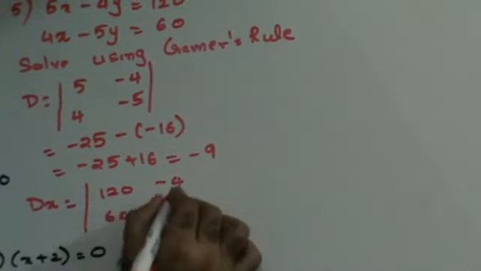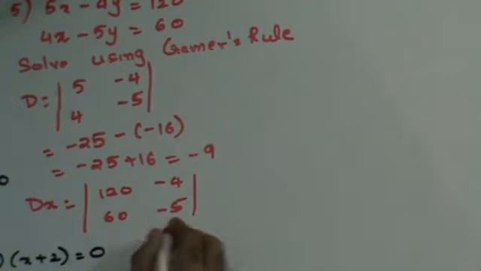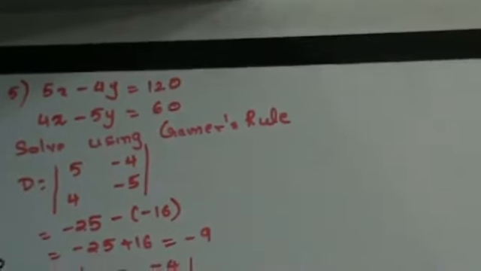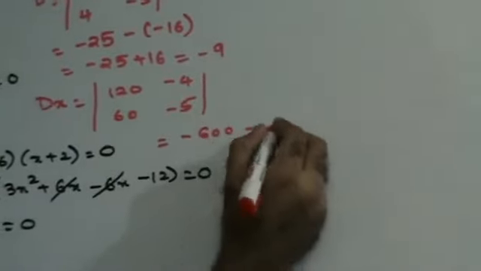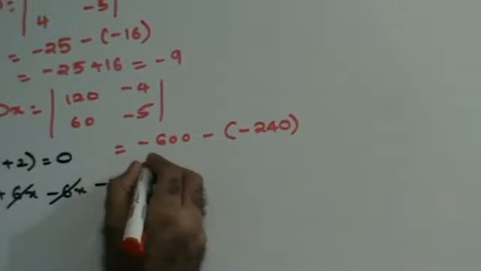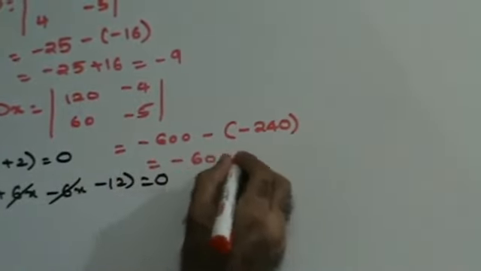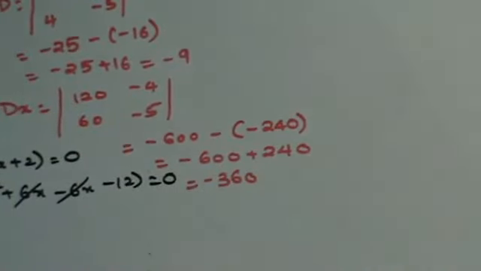Y will be as it is, minus 4, minus 5. Product of principal diagonal minus other diagonal. So minus 600, minus 6 4s are 24, 240. So this is minus 600 plus 240, that's minus 360.